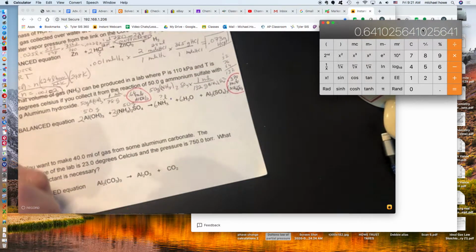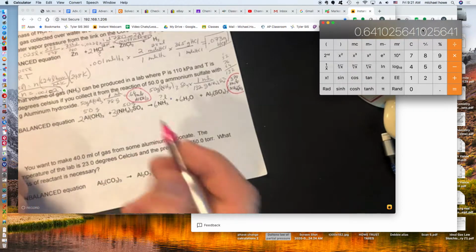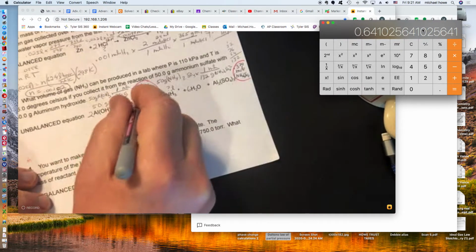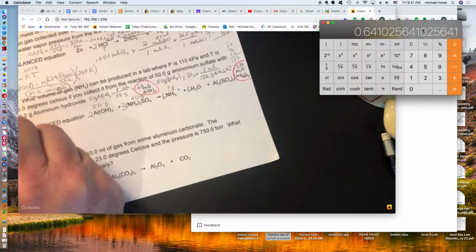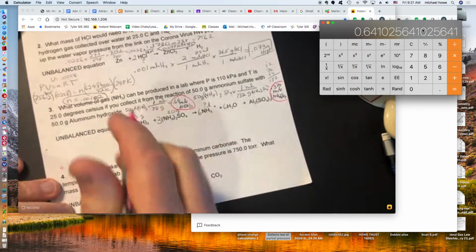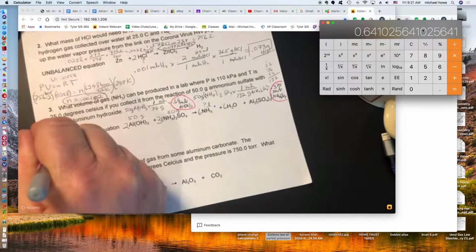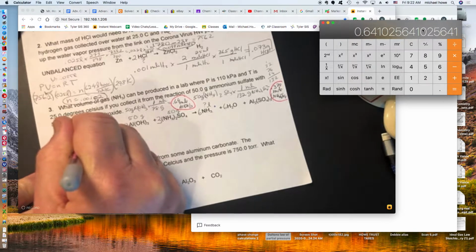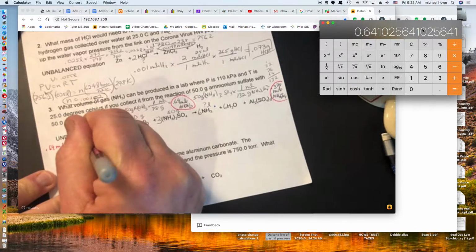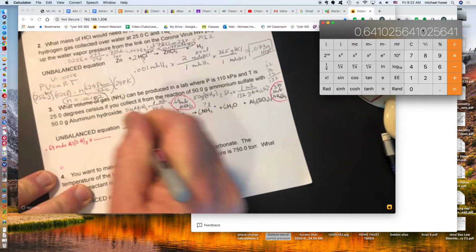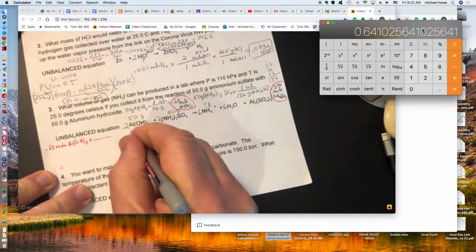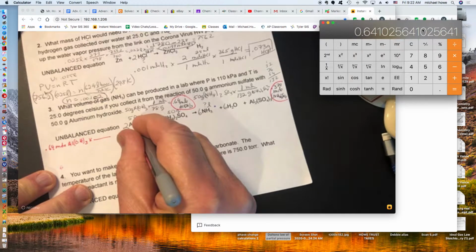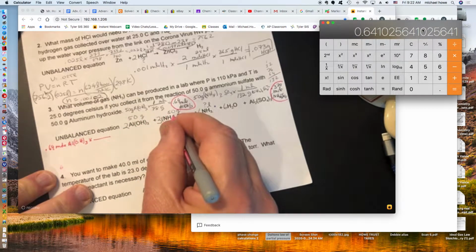I'll pick the aluminum hydroxide, because it's first here. So getting back on the screen, 0.64 moles of aluminum hydroxide. What we're doing here is comparing one of these reactants to the other reactant to see, if I use all 50 grams of this, how much of this would I need?